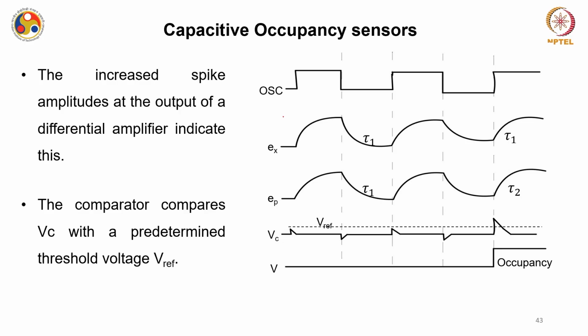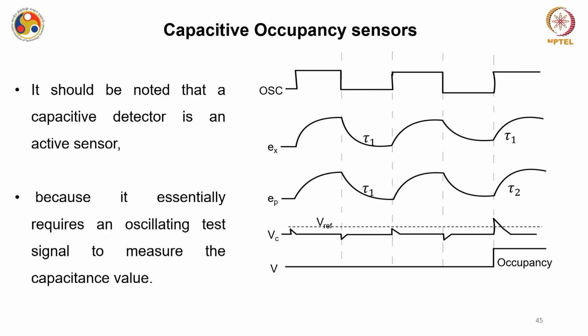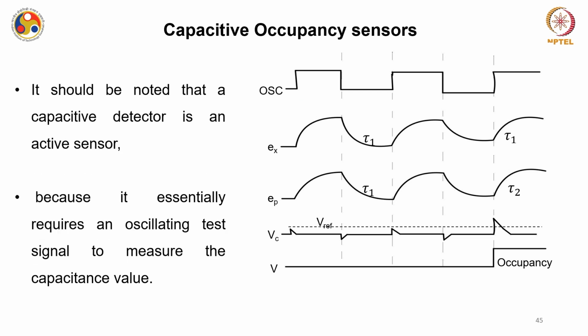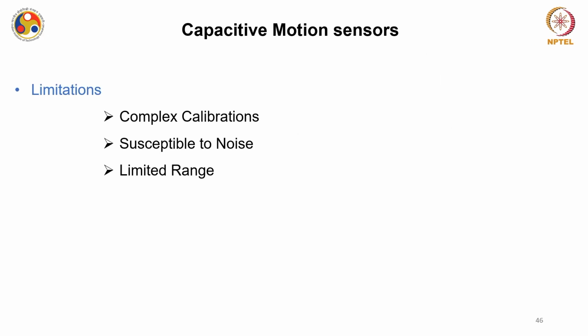So you had this oscillator which generates these charges, the small signals were ignored, and it only triggers when it is occupied, by using the comparator. Now, it should be noted that a capacitive detector is an active sensor, because you are always using this oscillator to generate the test signal.